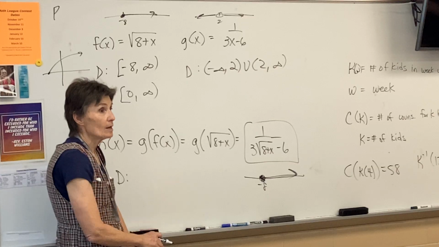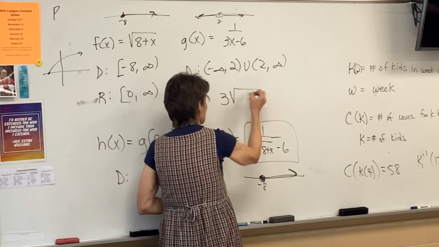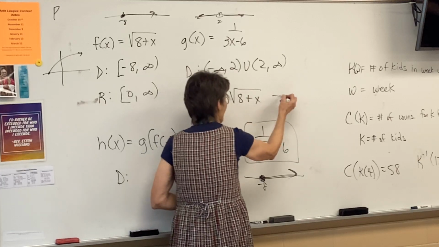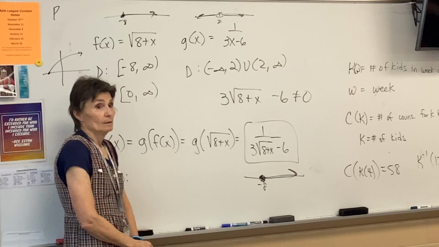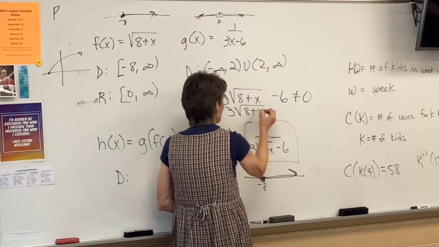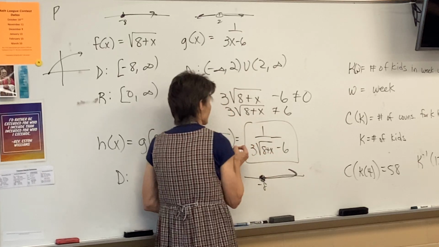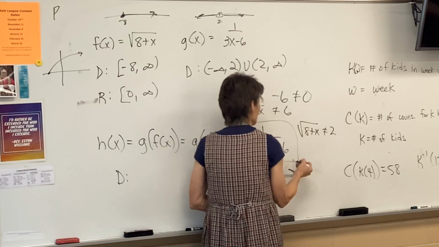Let's start. This guy right here, 3 square root of 8 plus x, minus 6, cannot equal 0. Which means 3 root 8 plus x cannot equal 6. So root 8 plus x cannot equal 2.